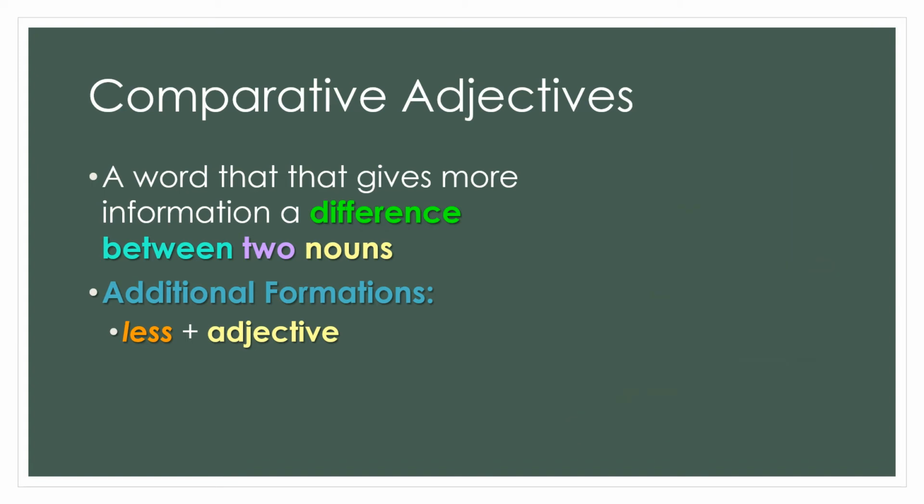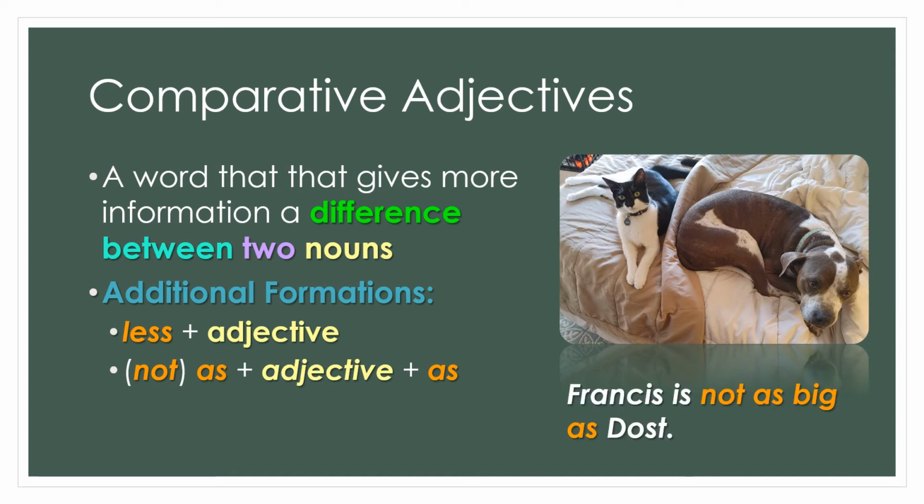Another phrase you can use is the word as plus the adjective plus as. If you want to make it negative, you can add the word not. For example, Francis is not as big as Dost.